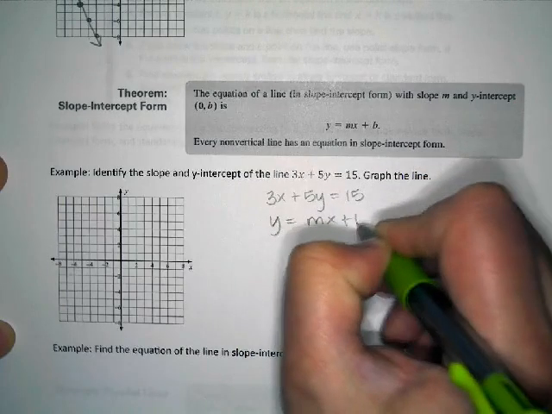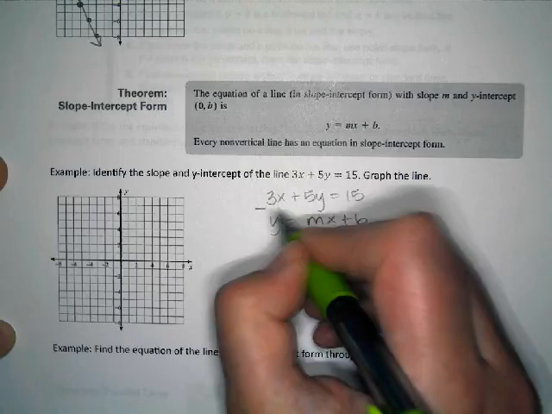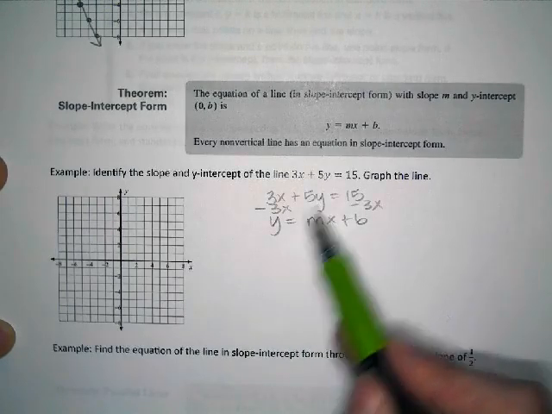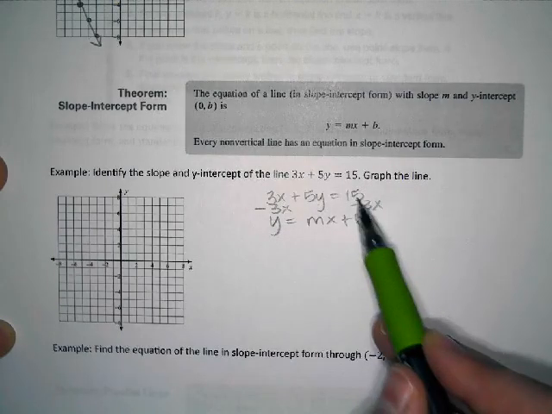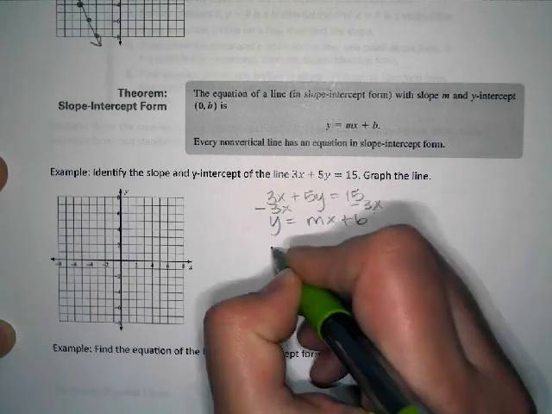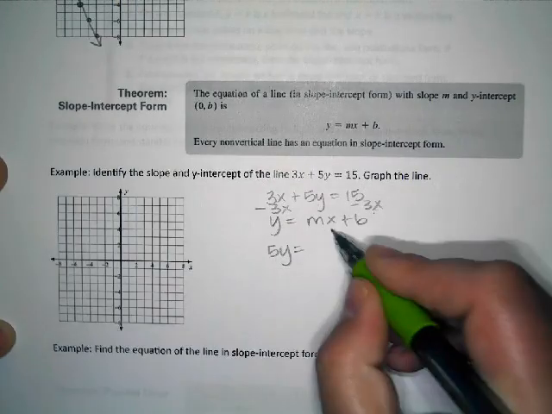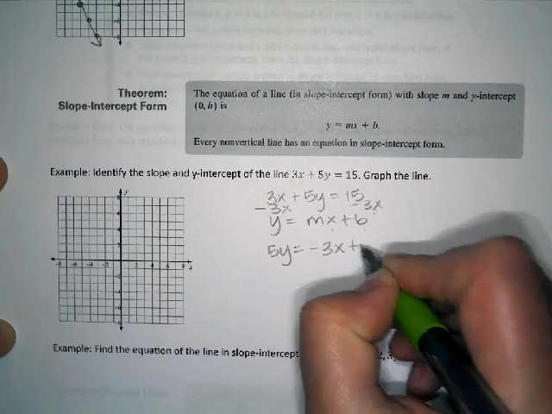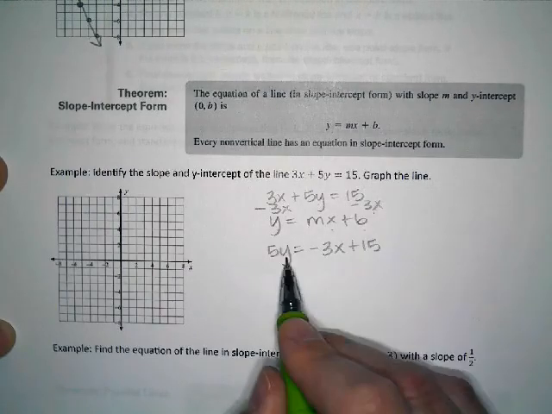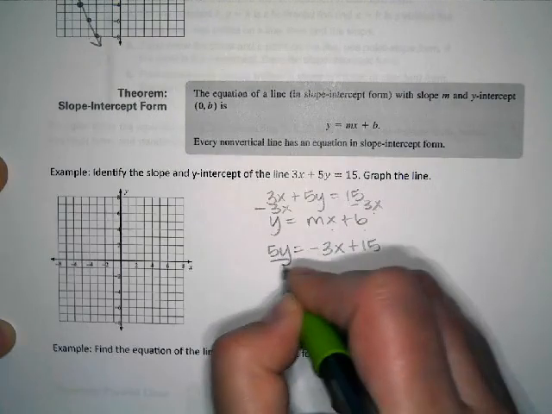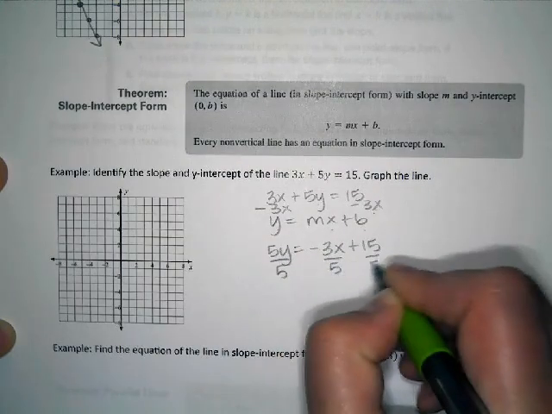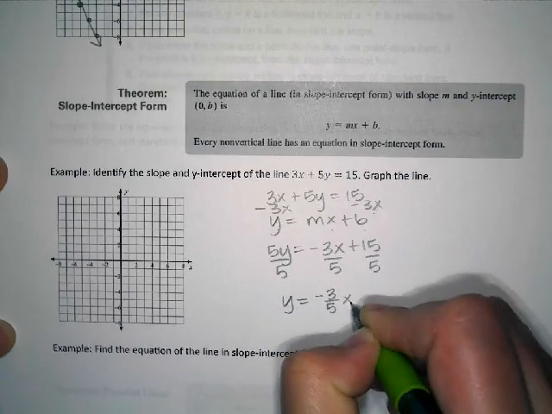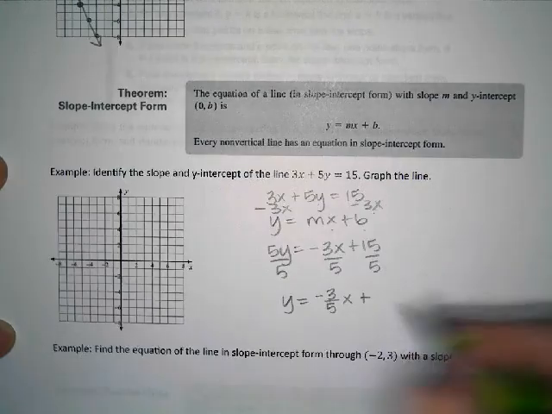So the first thing we want to do is subtract the 3x, because in this form the y is all by itself and the x and the number are on the other side. So we got 5y equals, I'll write the x first and then the number, negative 3x plus 15. And then to get the y alone, I'm just going to divide by 5. So y equals negative 3/5 x plus 15 divided by 5 is 3.